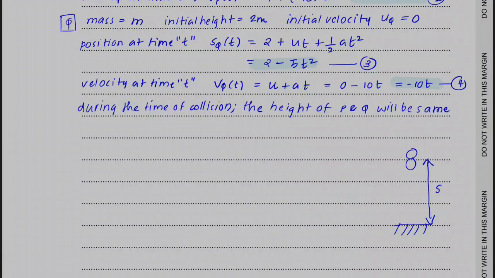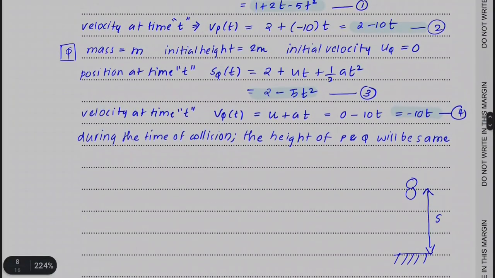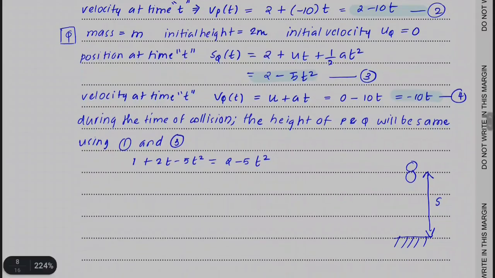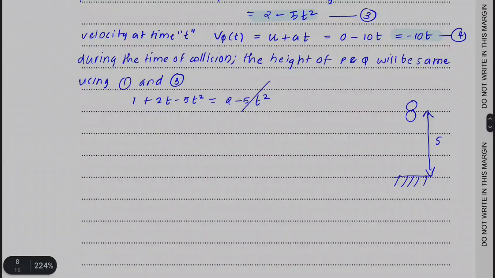So during the time of collision, let's use equation number 1 and 3. Equation number 1 is 1 plus 2t minus 5t square is equal to 2 minus 5t square. Let's cancel the 5t square terms.